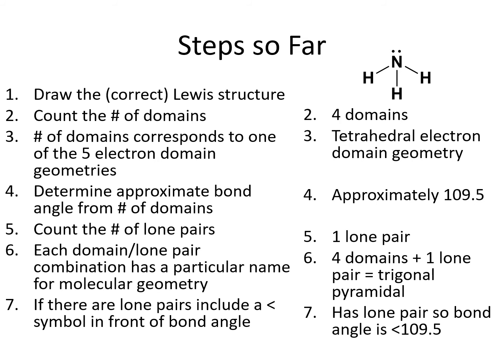The ammonia molecule has 4 domains, and one of those domains is a lone pair, so it must have trigonal pyramidal molecular geometry. Finally, if there are lone pairs or a double bond on the central atom, put a less than sign in front of the bond angle. Since ammonia has a lone pair on the nitrogen, you would report the bond angle as less than 109.5 degrees.